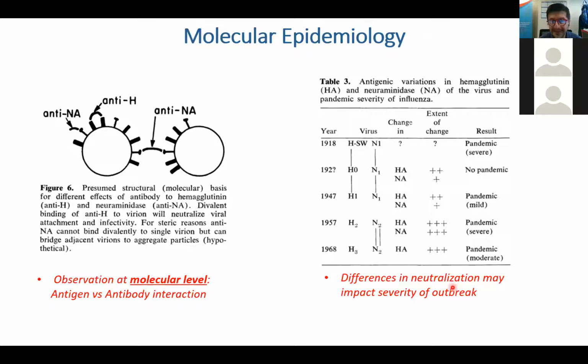And added to that, we were able to observe that depending on the differences in the neutralizing capacity of the virus, there was a definite impact on the severity of the pandemic or the outbreak, particularly in the number of cases.